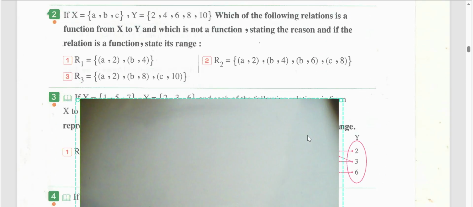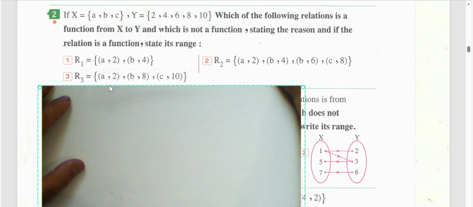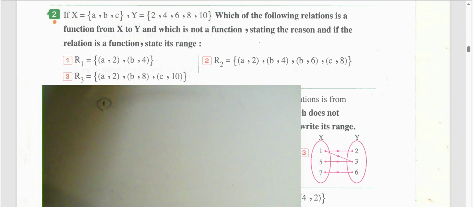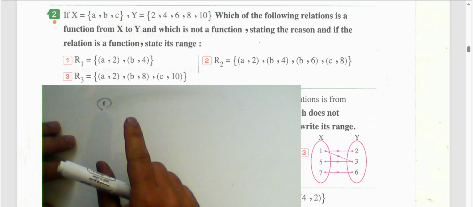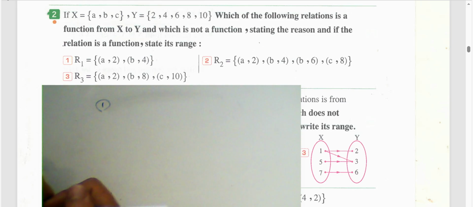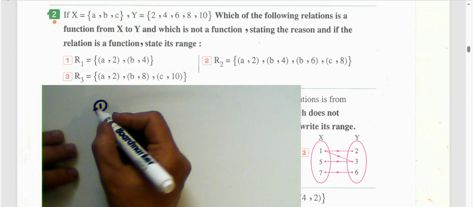Number 2, give me relation A. Number 1 is not a function because element C doesn't have any image in Y. Understood? Number 1, not a function.